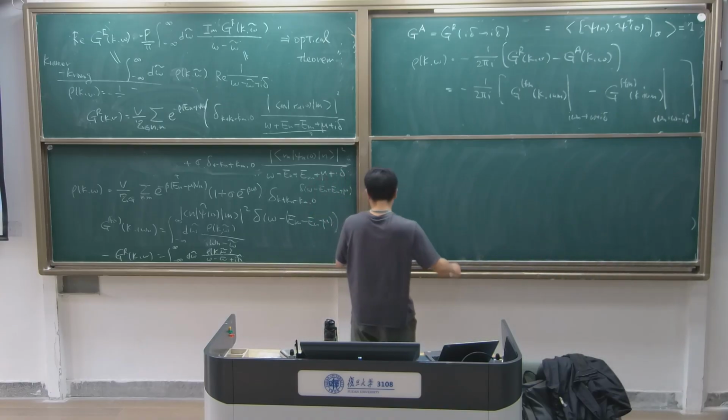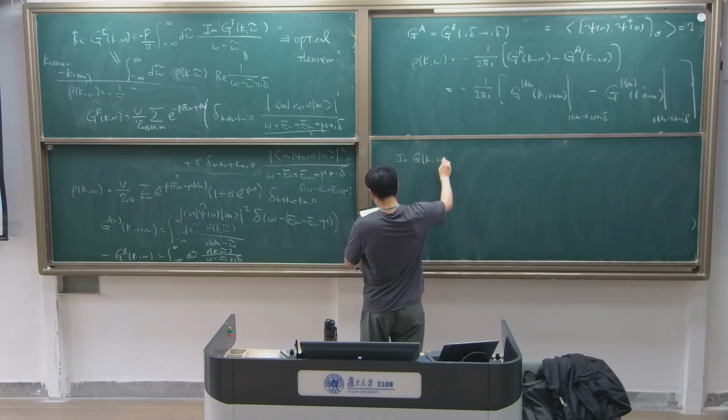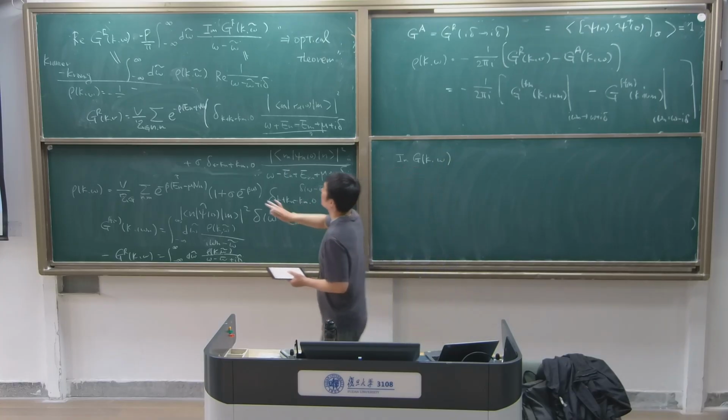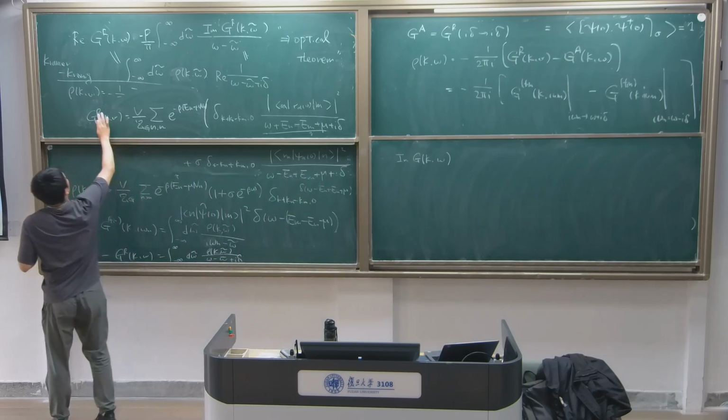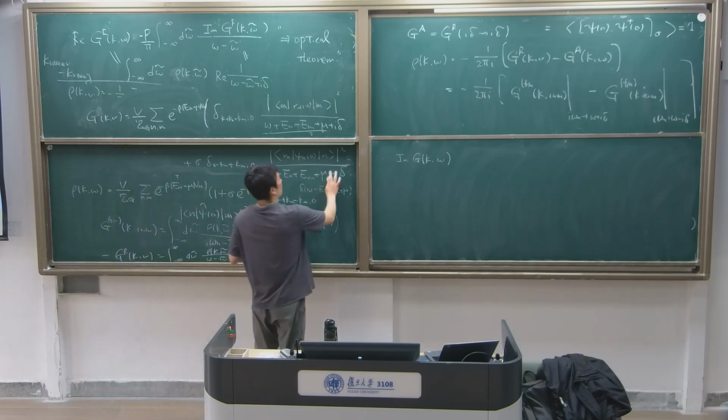So if you use this one, you can just take the imaginary part of the green function of omega. Okay, so this is the retarded one. If you just write down a non-retarded green function, this becomes a minus sign. This becomes a minus sign. Okay.